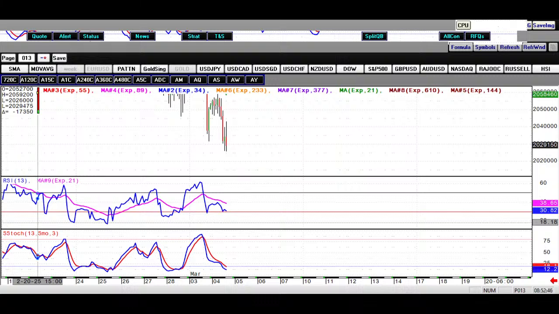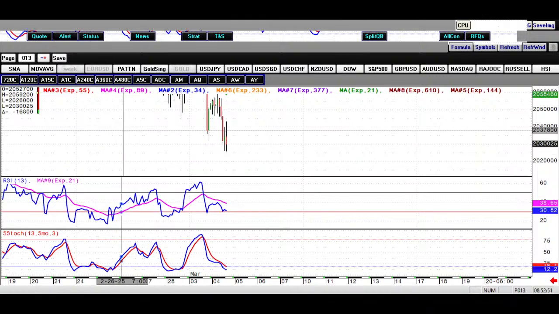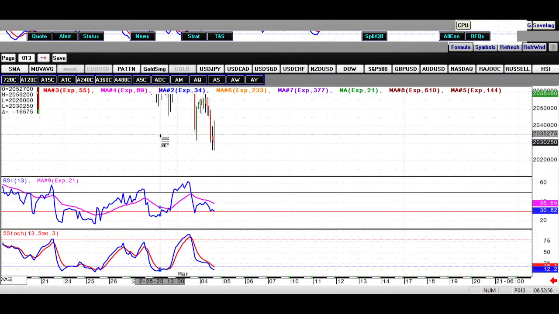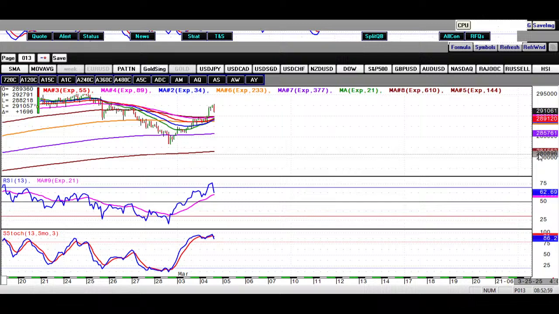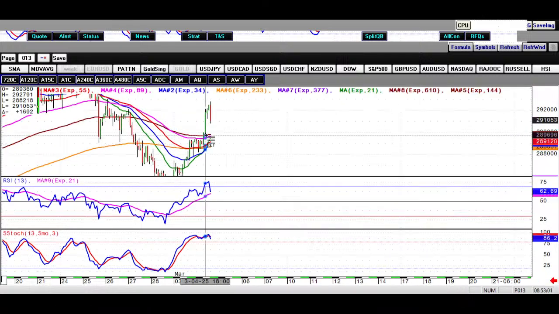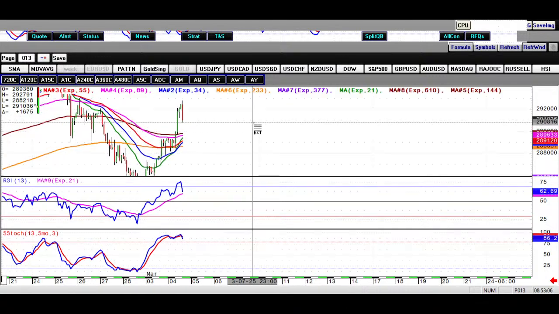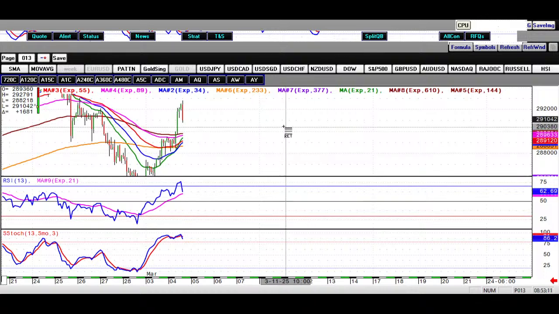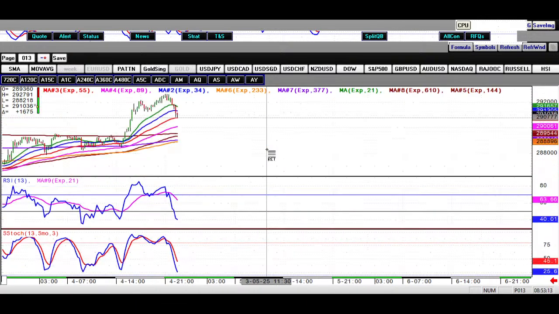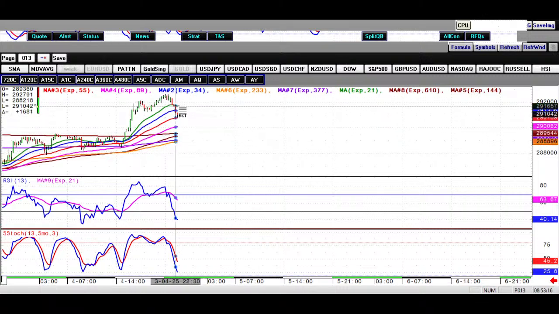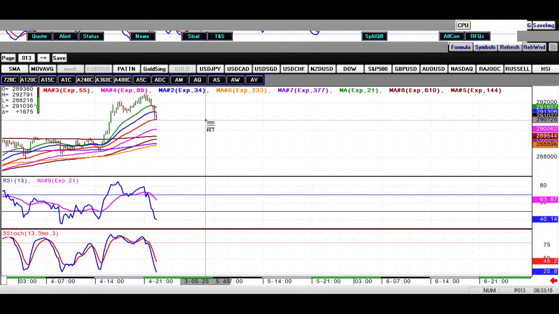On the buying side, I may want to go for a buy at 2898 or 99. These are the re-entry levels we are going to put in. First, we'll try to sell at 15 half.